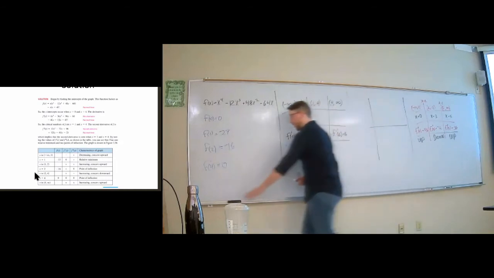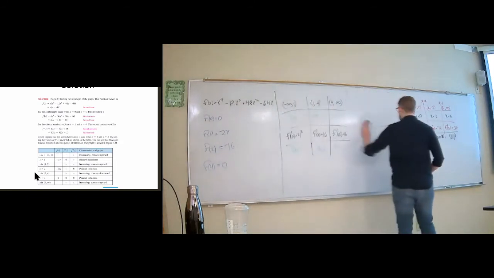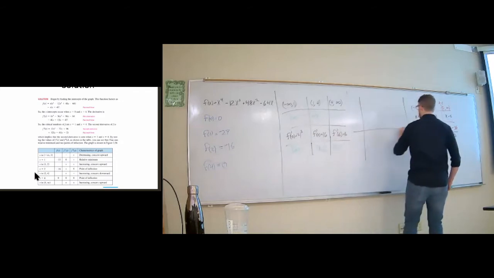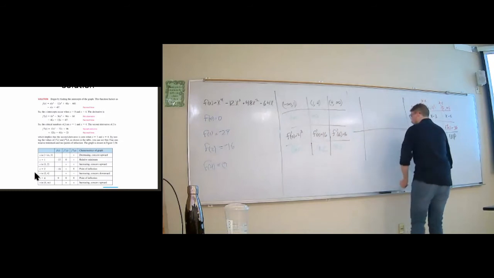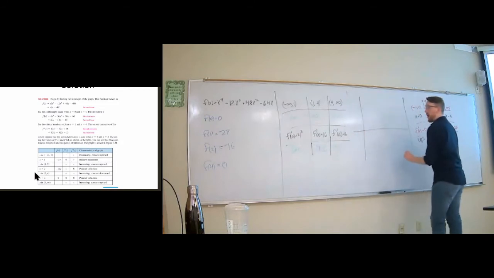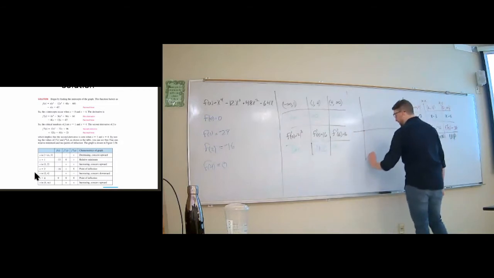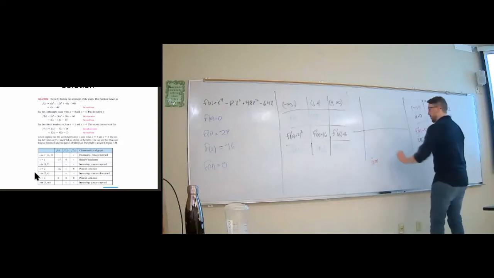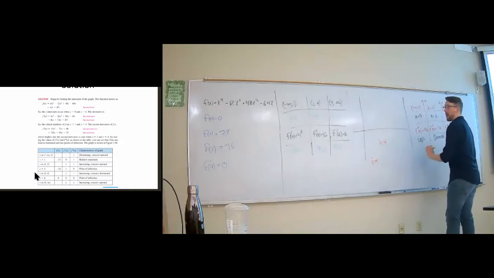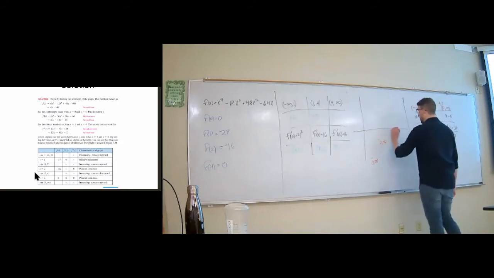Let me make this slightly better. All right. We know we have to go through the origin. We know at 1, we're down at negative 27. At 2, we're at negative 16. And at 4, we're at 0.